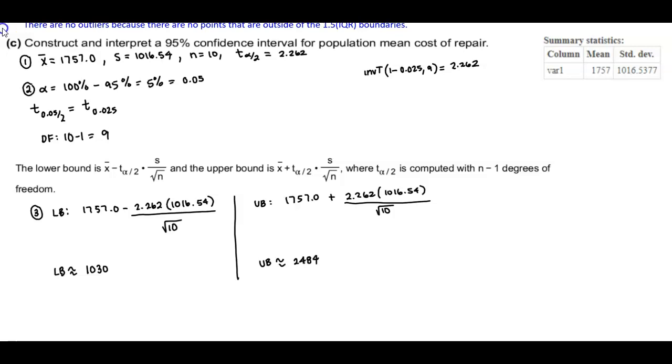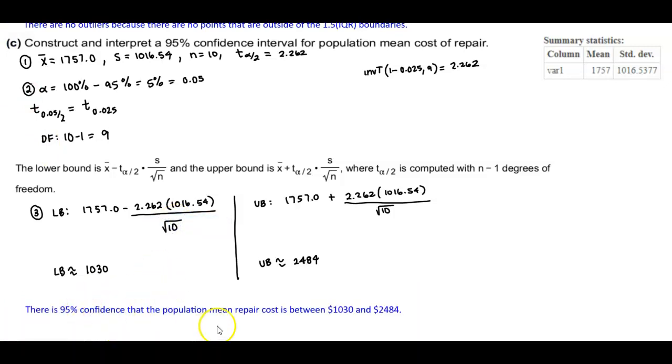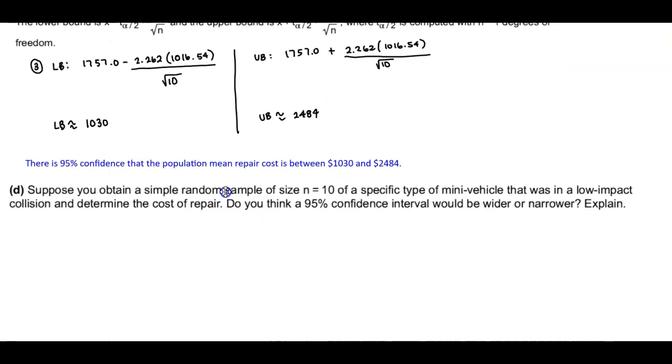Now what does that mean? Well, what that means is that there is a 95% confidence that the population mean repair cost is going to be in between $1,030 and $2,484.